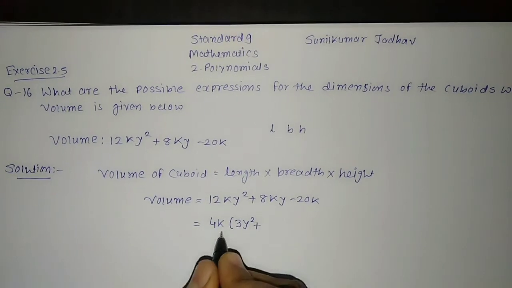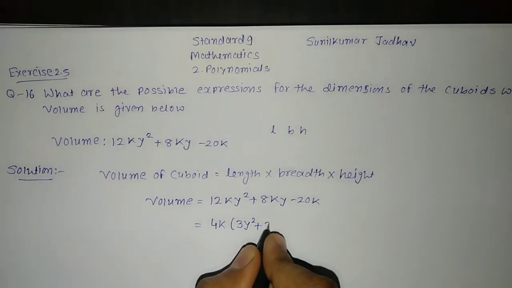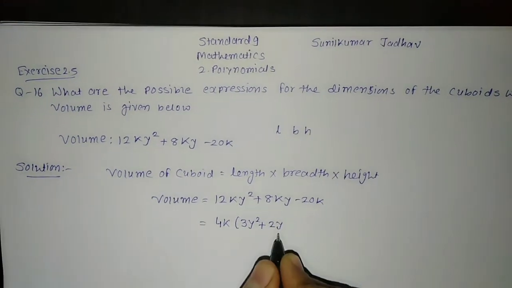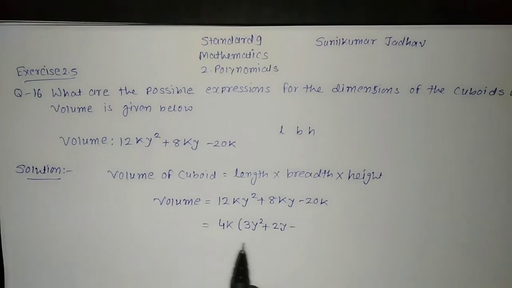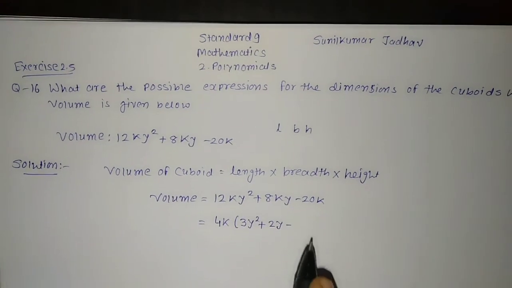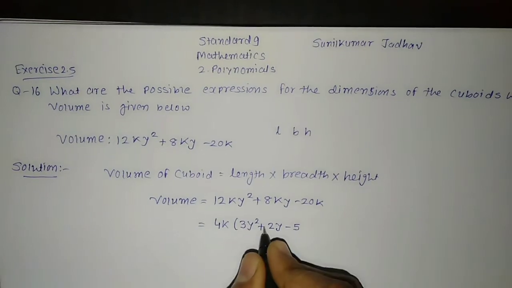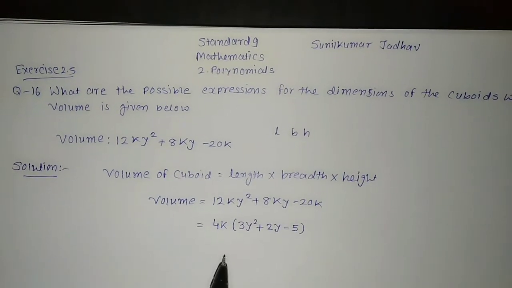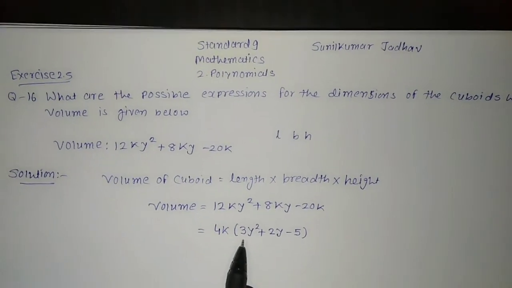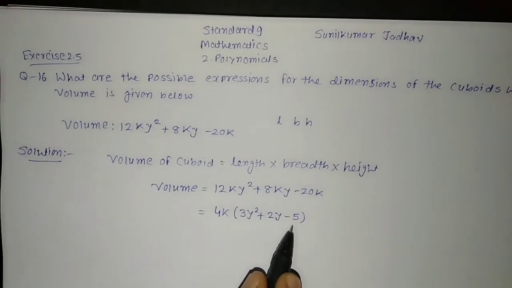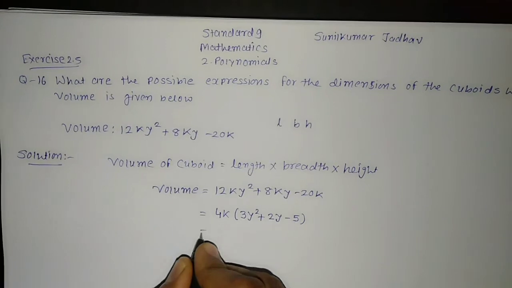Plus 4 twos are 8, so 2y. Minus 4 fives are 20, so 5. So k is out, and what remains is 4k(3y² + 2y − 5).